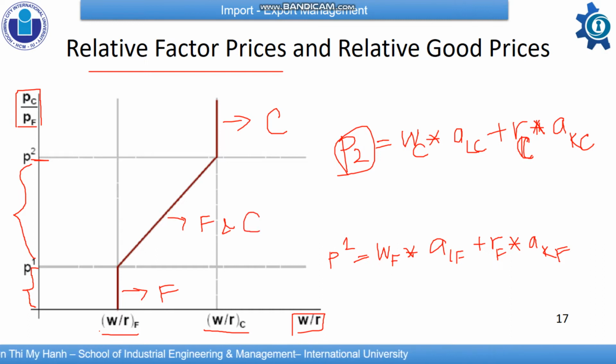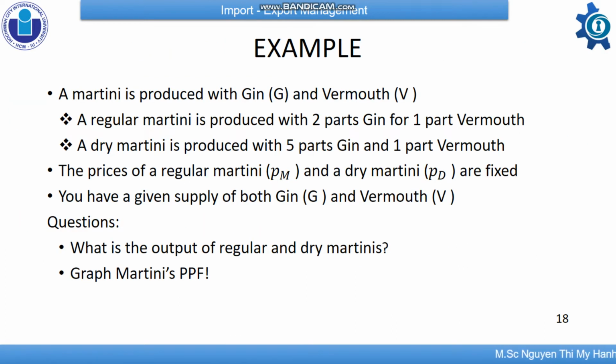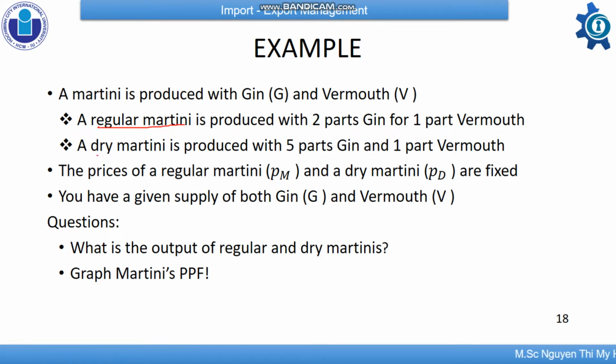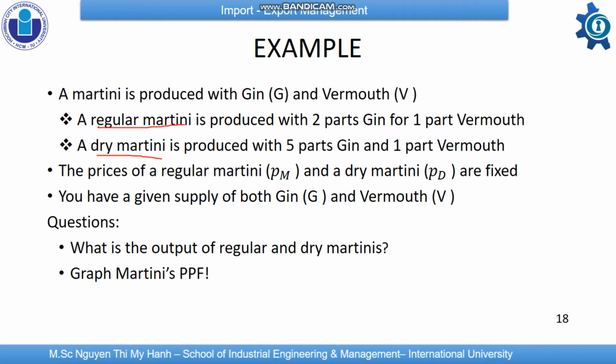Okay, let me give you an example. A martini is produced with gin and vermouth, and a regular martini is produced with 2 parts gin for 1 part vermouth, and a dry martini is produced with 5 parts gin for 1 part vermouth. So here we have two products.